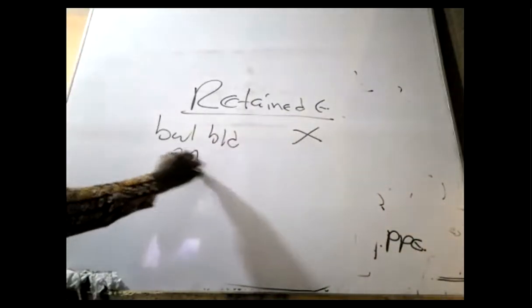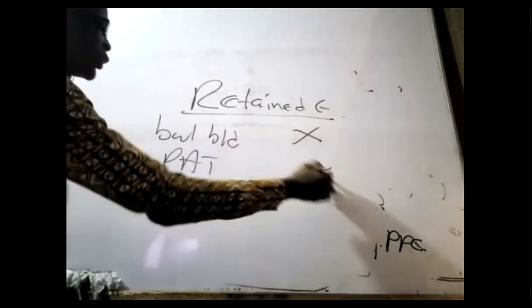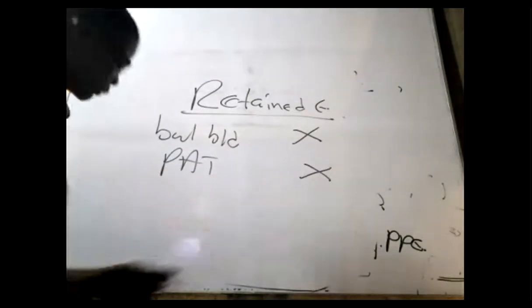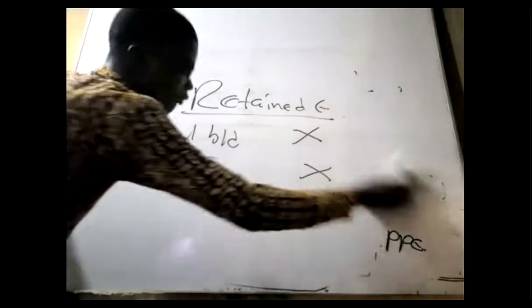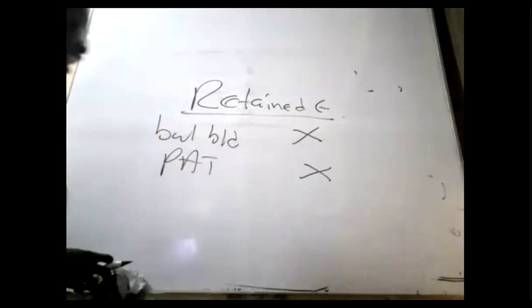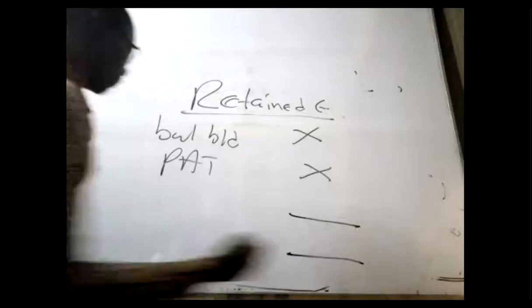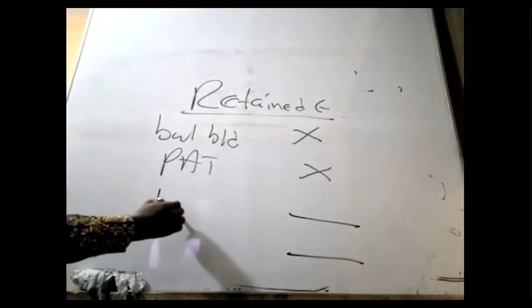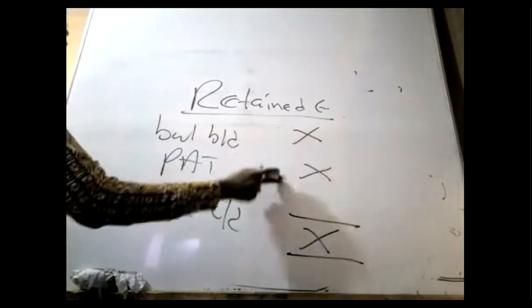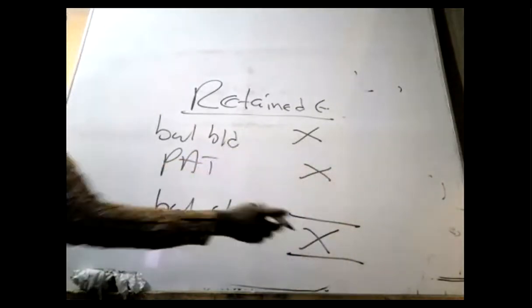Add your profit after tax to it. Leave a space. And write the closing balance here. So that's the balance carried down. So much. Now add this to this and compare with the closing balance.